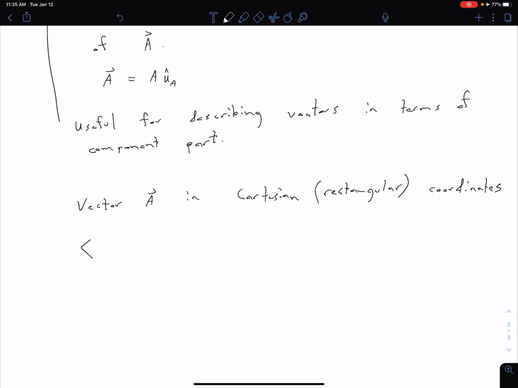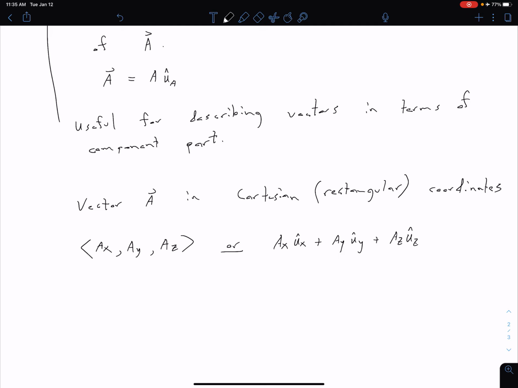We could have angle brackets, and say we have some component in our x direction, a sub x, some component in our y direction, a sub y, and some component in our z direction, a sub z, and then we close our angle brackets. Alternatively, we could write this as a sub x times our unit vector in the x direction, plus the y component of A in the direction of our unit vector in the y direction, plus the z component of A in the unit vector for our z direction.